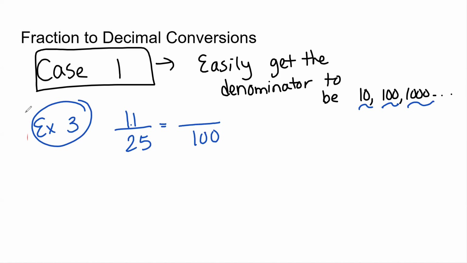Think of quarters. 25 times 4 is 100, yes? Because 4 quarters make $1. So let's just times this by 4 and be fair. So 11/25 is equivalent to 44 hundredths, which gives us 0.44, 44 hundredths.